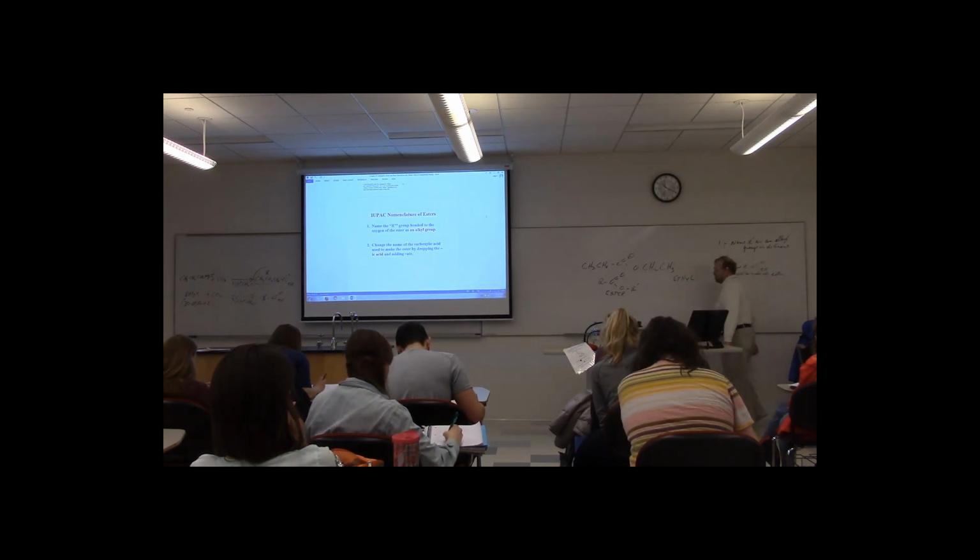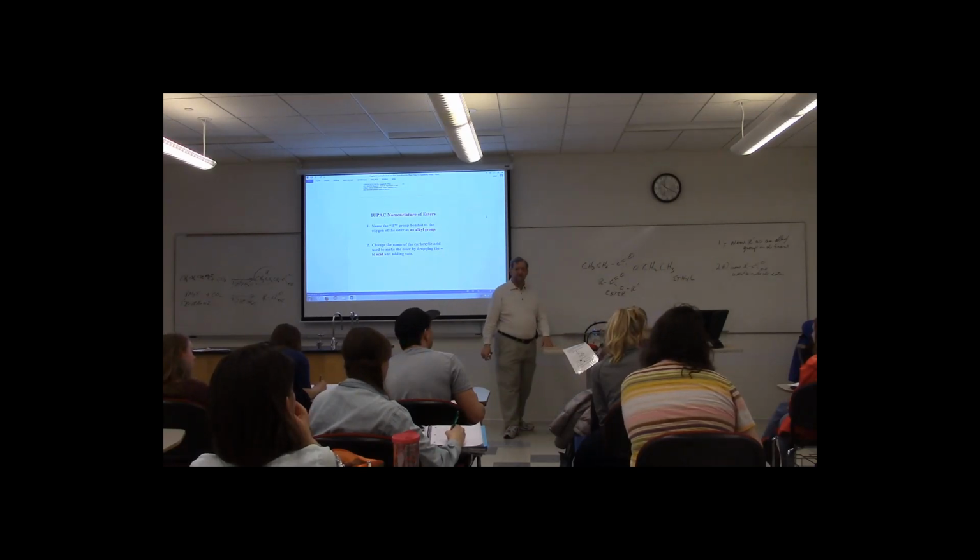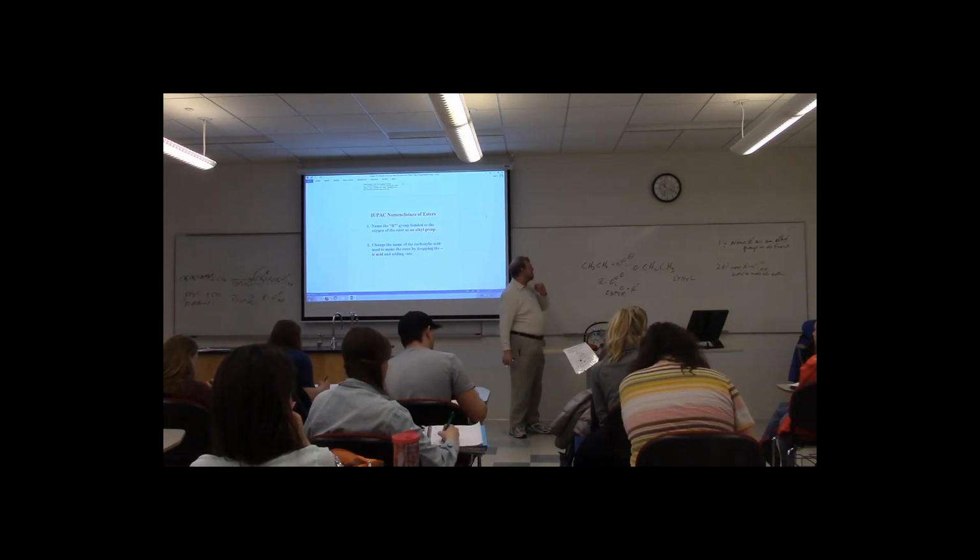And another way of stating that, and you'll learn later this week, in fact, some of you will do it today, and I'll go through the reaction, so I won't get to it. No, I might get to it today. That would be used to make that.